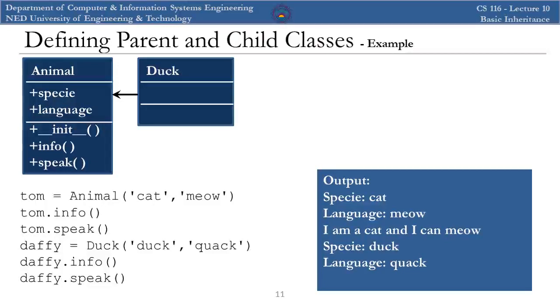Similarly, I can call this third method, and since there is no such method in the duck class, this speak will be picked up from the parent class animal. So it will print this statement: I am a duck and I can quack. So this example shows that a child class inherits all the attributes and methods of its parent class, right?